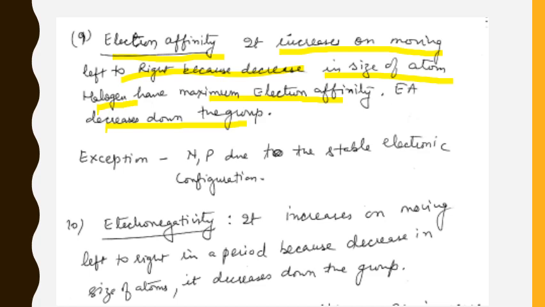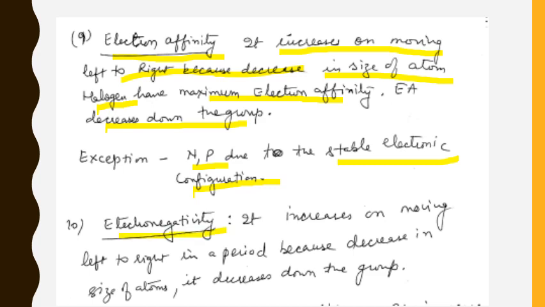But here again the exception comes: nitrogen and phosphorus, because due to the half filled electronic configuration, that is the stable configuration, the electron affinity is very high in this case.